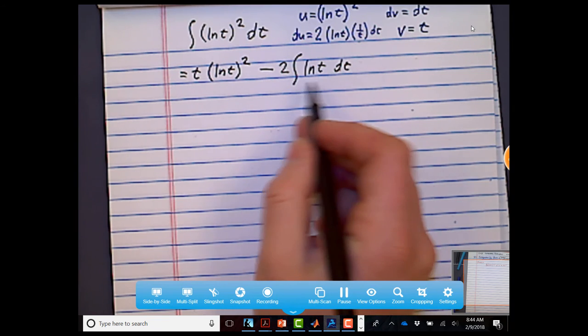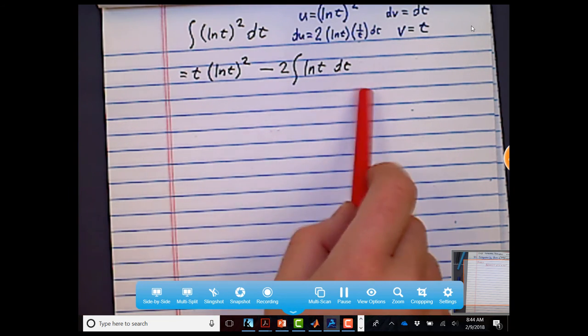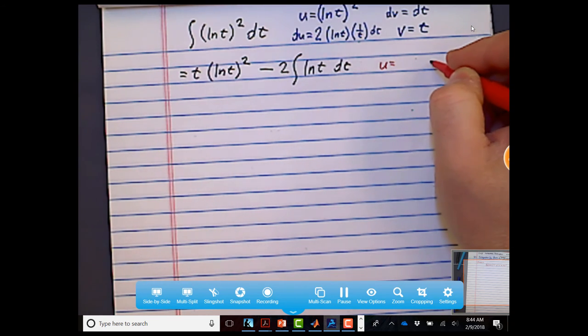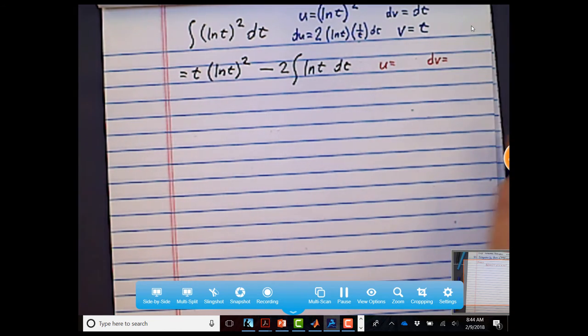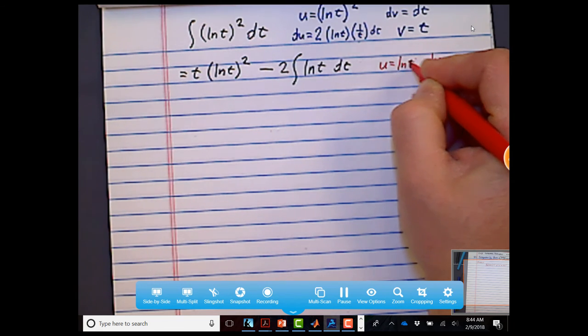Now remember I said you don't know how to do this, but you do. There's a hint. I kind of showed it now. You're going to integrate by parts. Again, we're going to let u equal something, and we're going to let dv equal something. What do you let u equal? Natural log of t, because I know how to take its derivative.